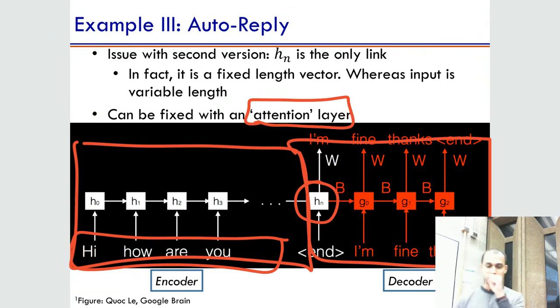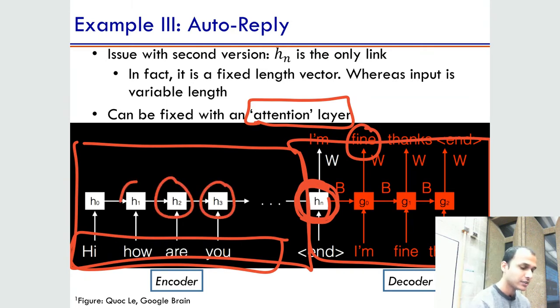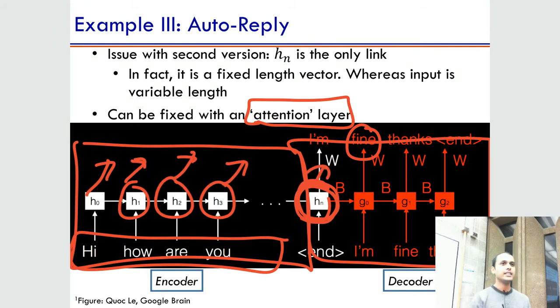Attention just means that when I'm trying to generate a word, I'm not only going to look at the last copy's output in the encoder. I'm going to look at all outputs of the encoder. So now I'm going to keep track of all outputs, and selectively focus on those outputs which are relevant to my current prediction.